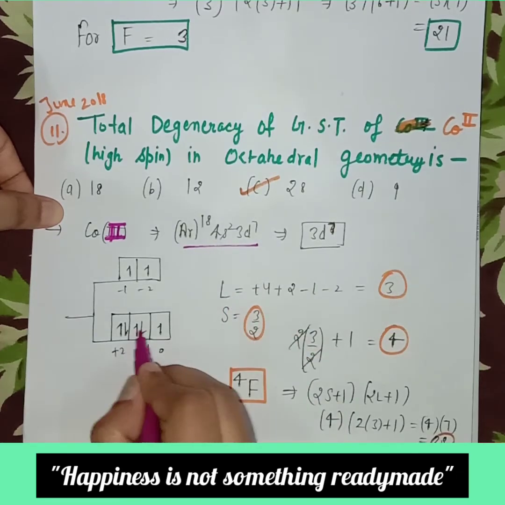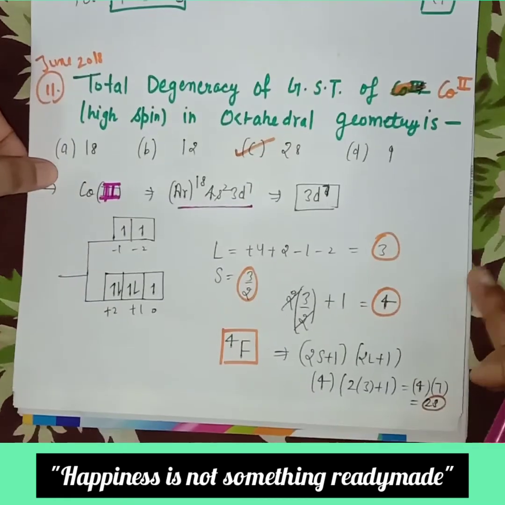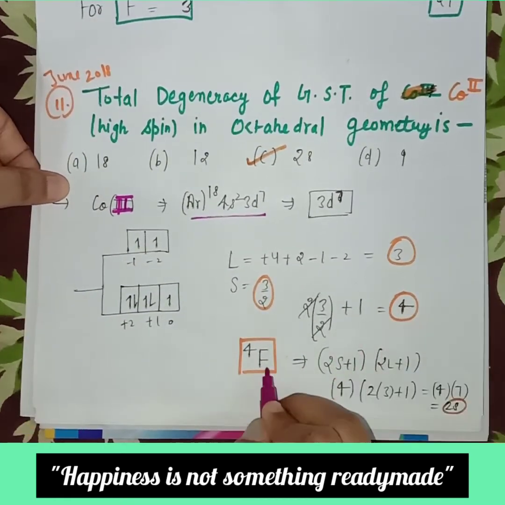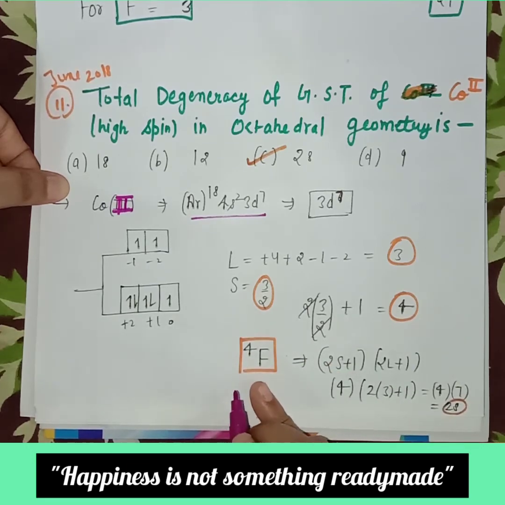So the L value is equal to 3 here, S is equal to 3 by 2, spin multiplicity becomes 4, then its term symbol is 4F, and now we have to find its ground state total degeneracy.